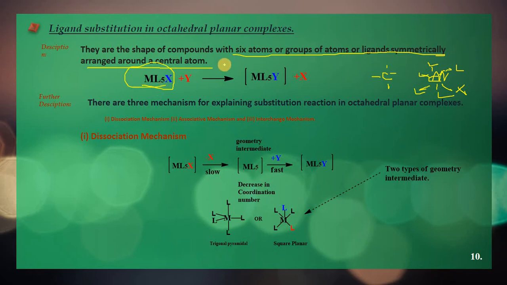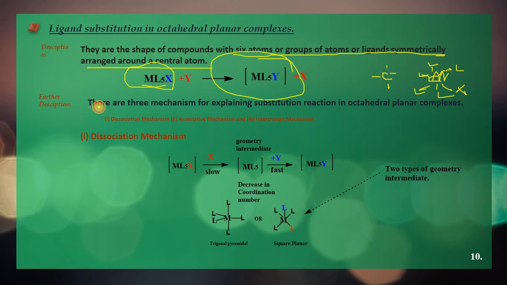Octahedral, 6. So this X ligand will tend to leave, and Y, which is another ligand, will enter the coordination sphere and bind with the compound. When it binds, it gives ML5Y, which is quite synonymous to square planar complexes.